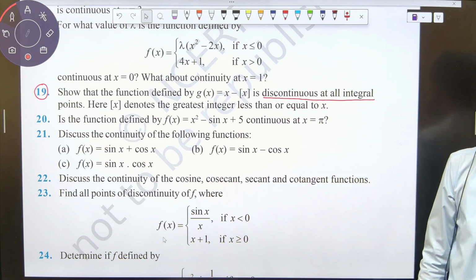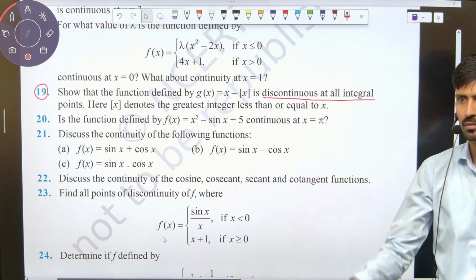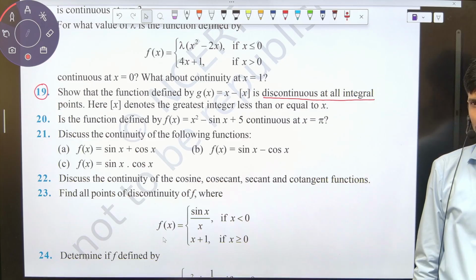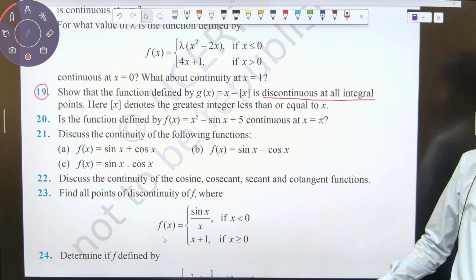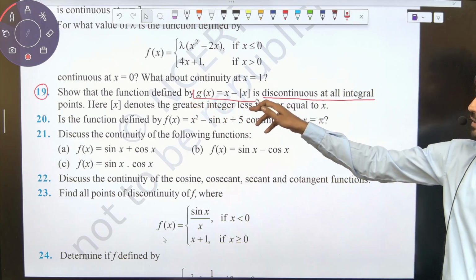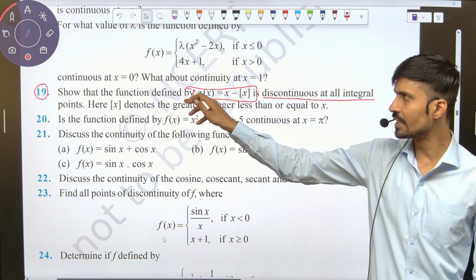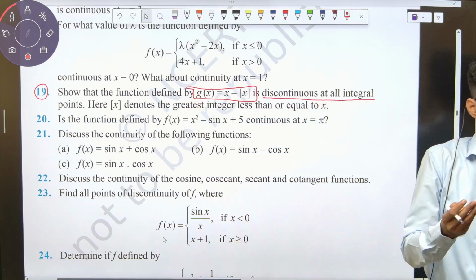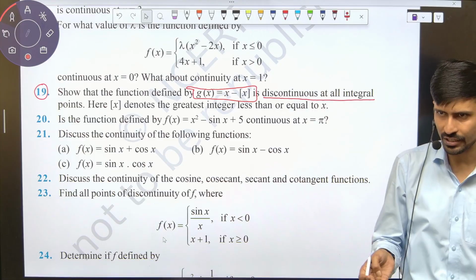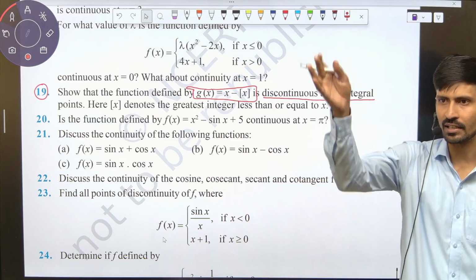Remember this. All integers means at 1 it is discontinuous, at 2 it is discontinuous, at 3 it is discontinuous, 4, 5, 6, 7, 8, 9, 10, 11, 12.